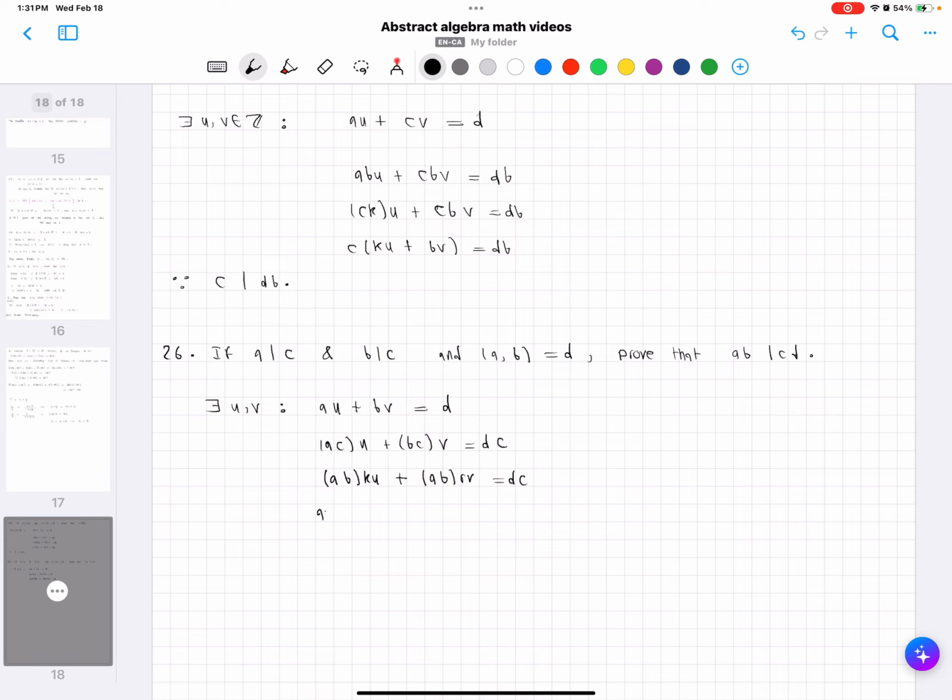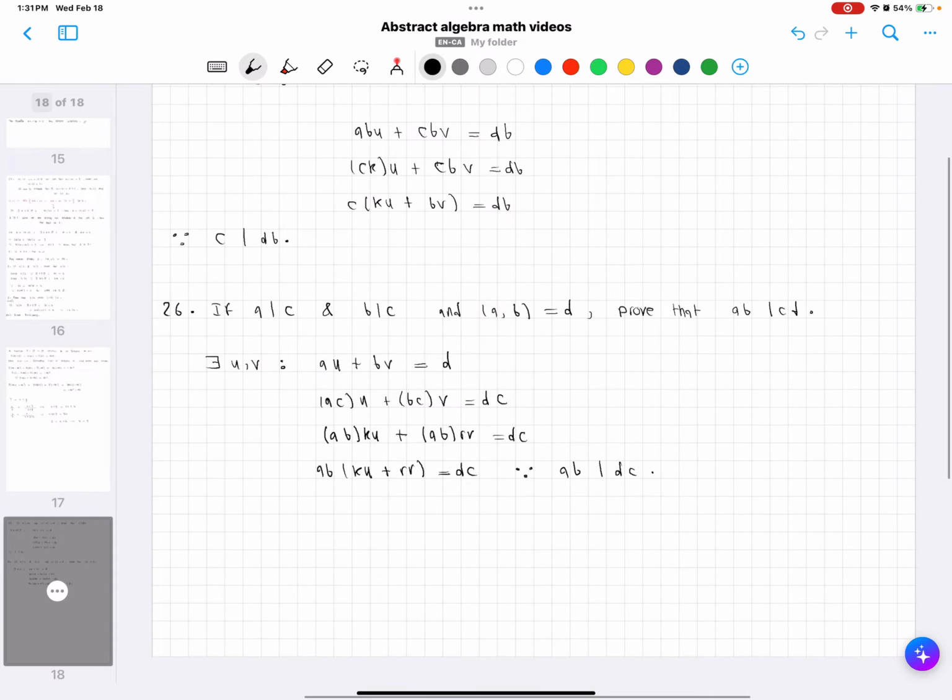So then if you factor out AB, then you get the result. So therefore, AB divides DC. Okay.